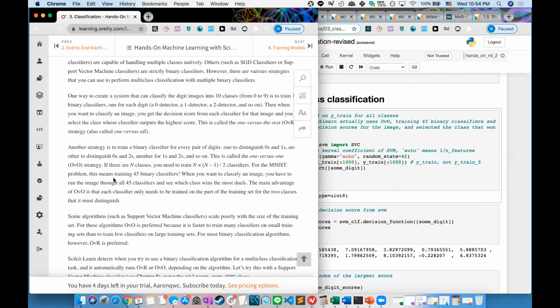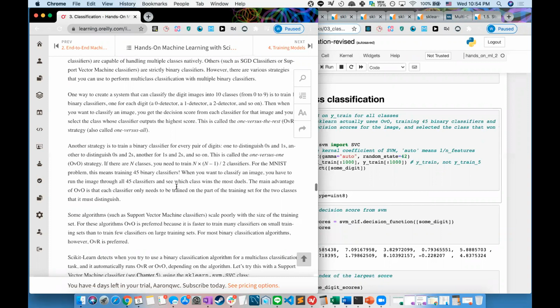For the MNIST problem, this means 45 binary classifiers. So that's basically 10 times 10 minus 1, that's 9, divided by 2, 4.5 times 10, that's 45 binary classifiers. When you want to classify an image, you have to run the image through all 45 classifiers and see which class wins the most duels.